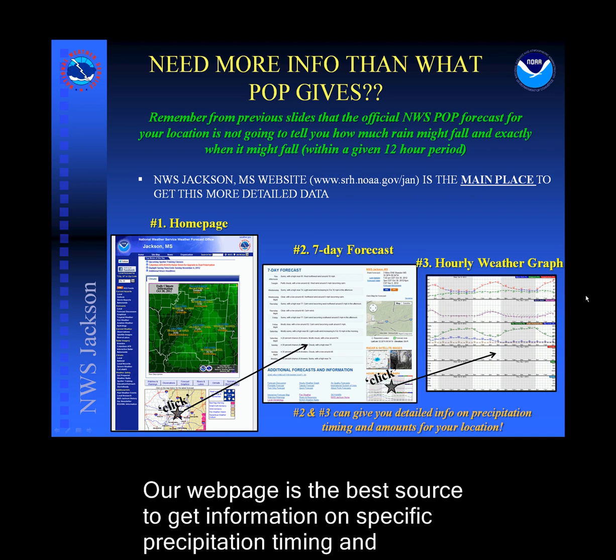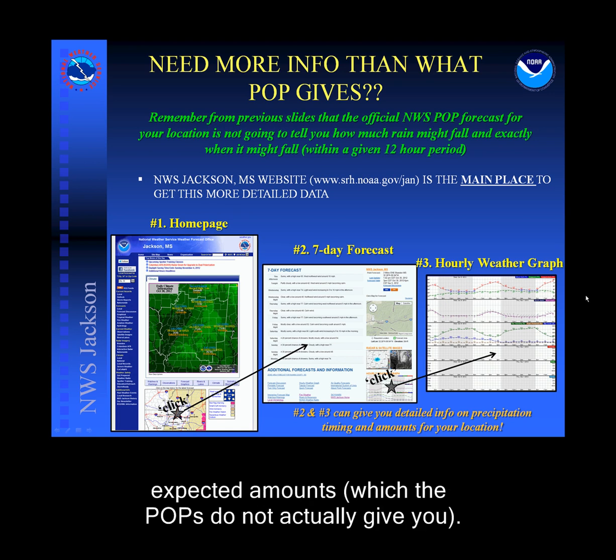www.srh.noaa.gov/JAN. Now, to navigate the home page that the address will take you to, the best thing to do is use the point-and-click forecast, where you click on a specific point on the map that you want to know the forecast for, and that will take you to a text forecast for that location.